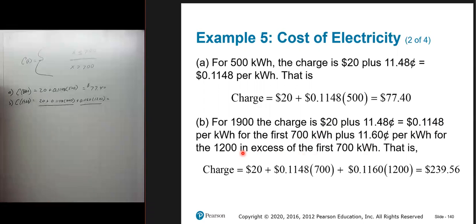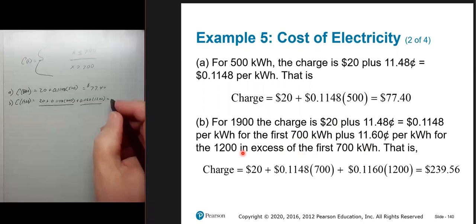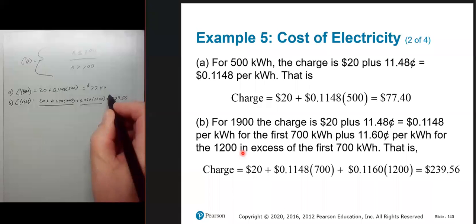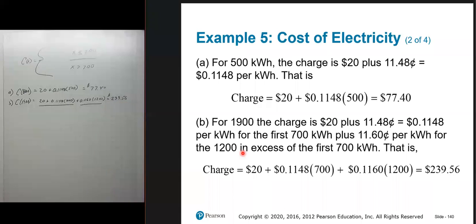So they came up with the same formula, which gives $239.56. I'm pretty sure these didn't come out to exact pennies, and you just round appropriately.